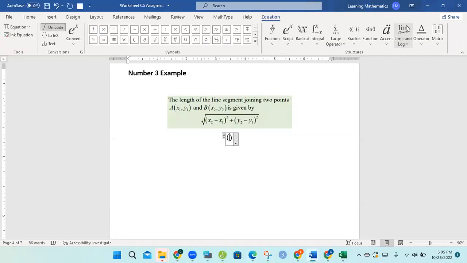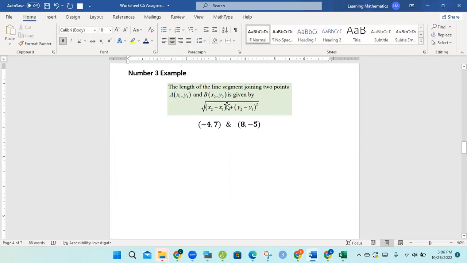Let's say, for example, you've got negative 4, 7 and you've got, let's say, 8, negative 5. Again, we can see that the formula says x2 minus x1 all squared plus y2 minus y1 all squared, the square root thereof. That will give us the length of line.